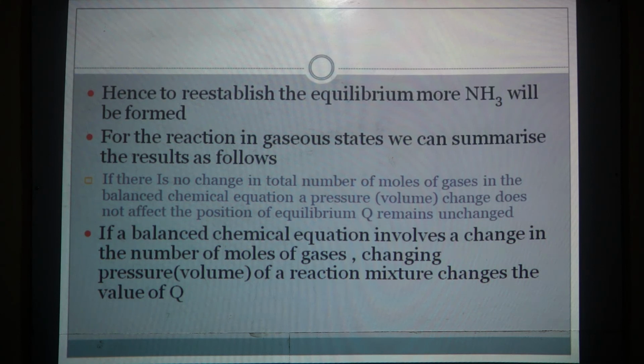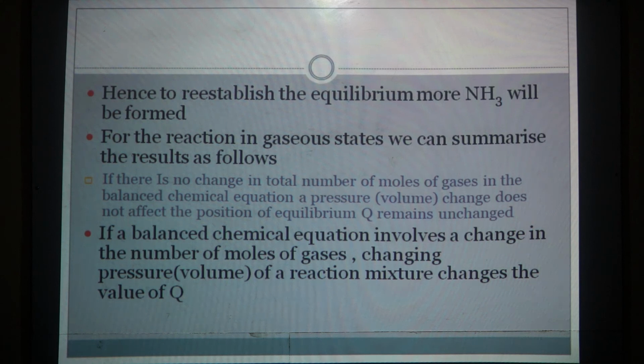For reactions in the gaseous state, we can summarize the results as follows. If there is no change in the total number of moles of gases in the balanced chemical equation, a pressure or volume change does not affect the position of equilibrium. Q remains unchanged.